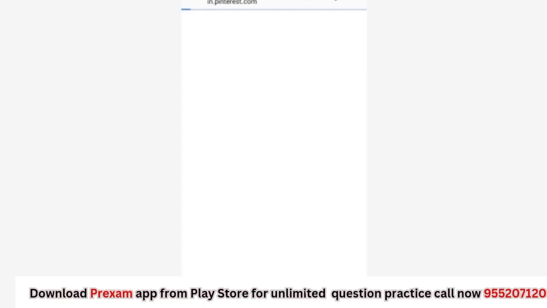Number two, whenever mode exists, it may have more than one value.